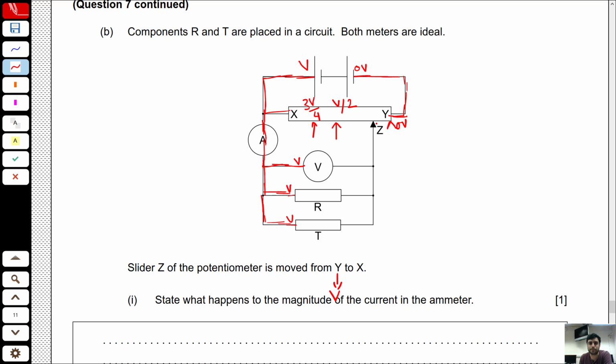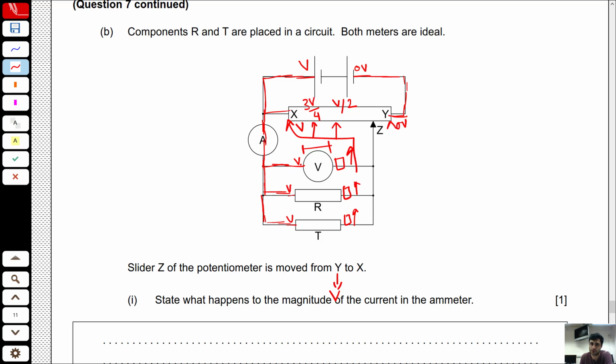As the pointer Z moves from Y to X, the voltage at Z increases. As the voltage across Z is increasing, the potential difference between the two terminals will decrease, decrease, decrease until the potentiometer reaches this point. When it reaches this point, this side has a voltage of V, this side also has a voltage of V, so V minus V is 0.